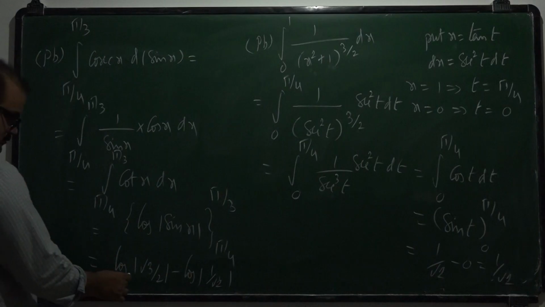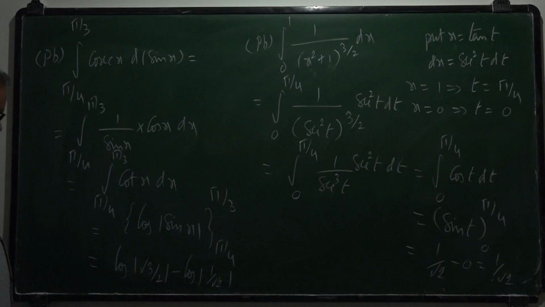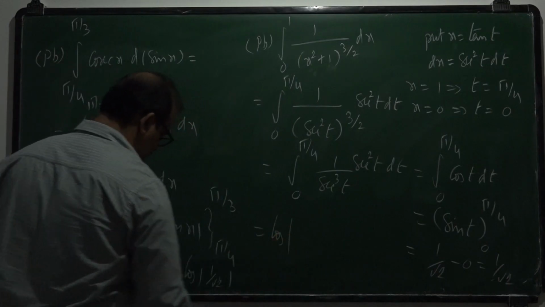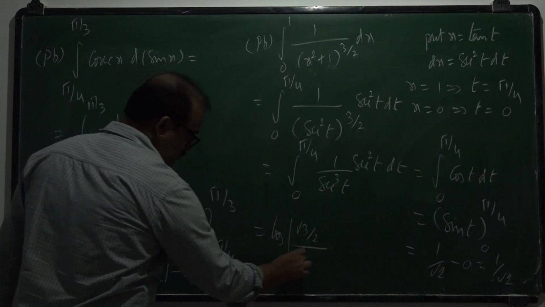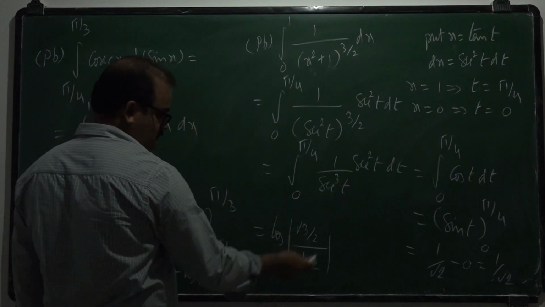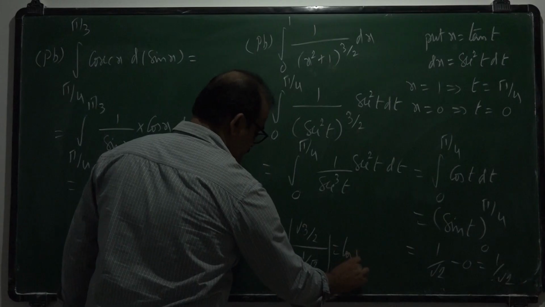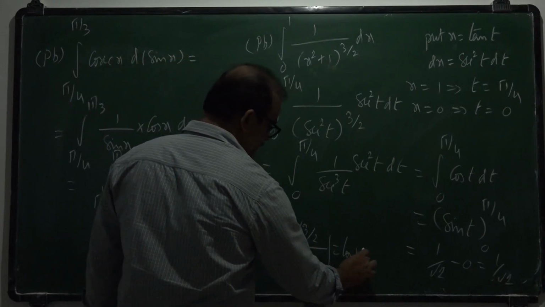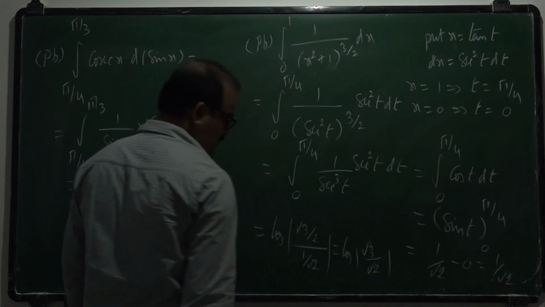Now apply the formula log m minus log n, that is log of m by n. Root 3 by 2 by 1 by root 2. This root 2 goes to numerator, so we get log of root 3 by root 2.